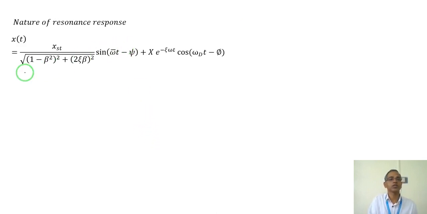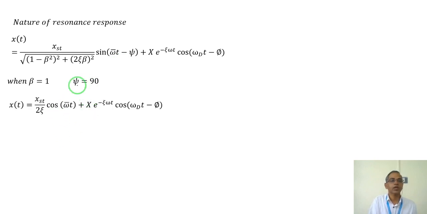So if we look at the nature of the resonance response, x of t becomes xst by the square root of 1 minus beta square whole square plus 2 xi beta whole square, times sin of omega bar t minus psi, plus the transient response. Now taking beta equal to 1, psi will be 90 degrees, because 2 xi beta by 1 minus beta square gives tan inverse of infinity, which is 90.